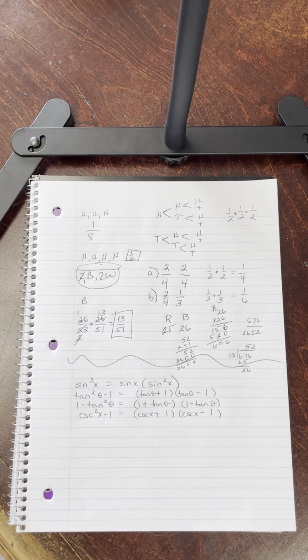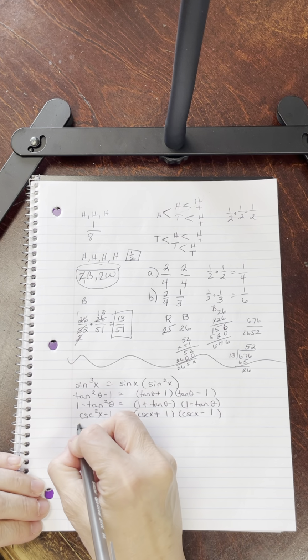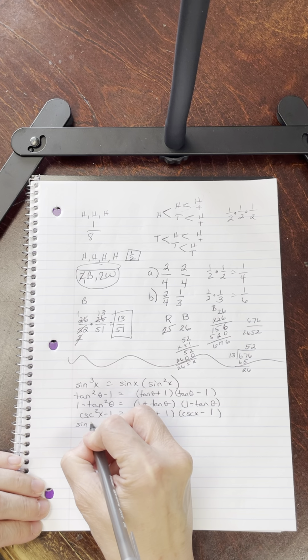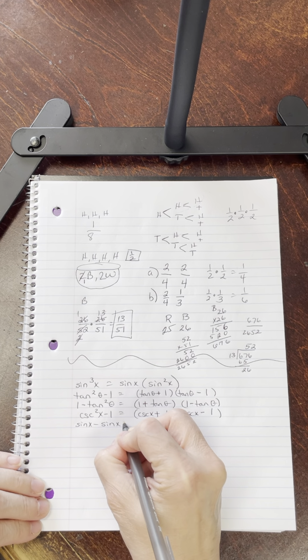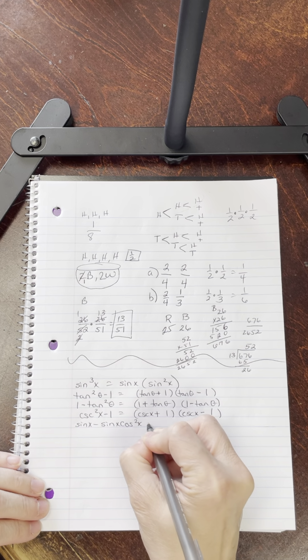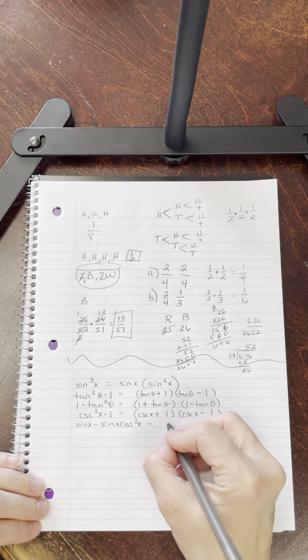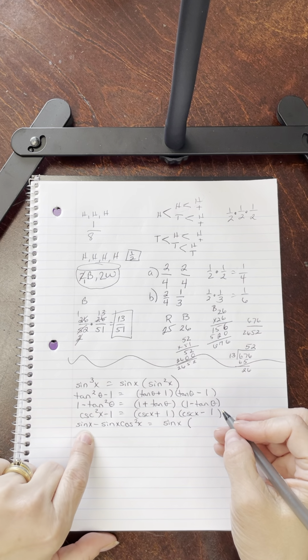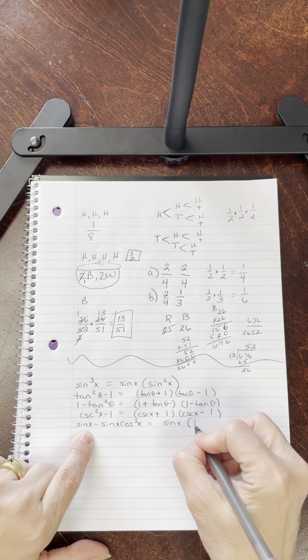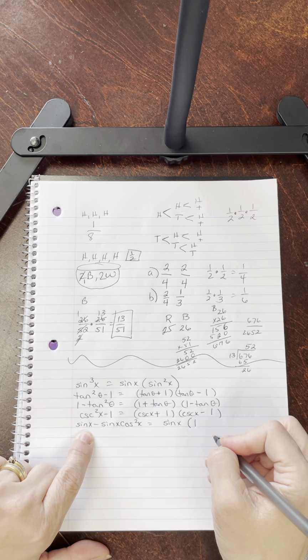Then, thankfully, they shift gears a tad here, so we have sine x minus sine x multiplying with cosine squared x. Because both have a sine, you can pull out a sine x, and that leaves you with nothing here, so I need a placeholder of a 1 for distributing back purposes.